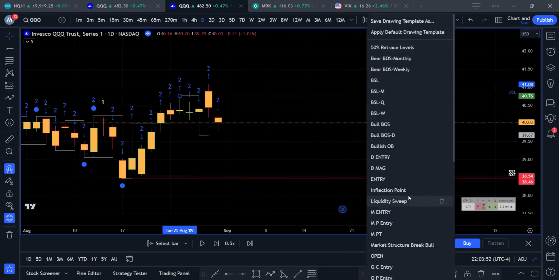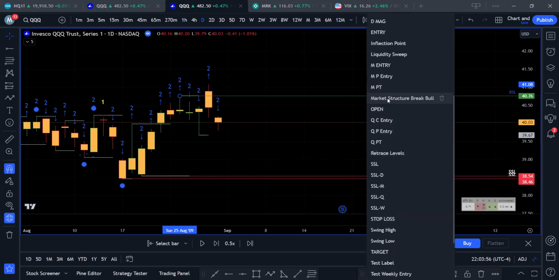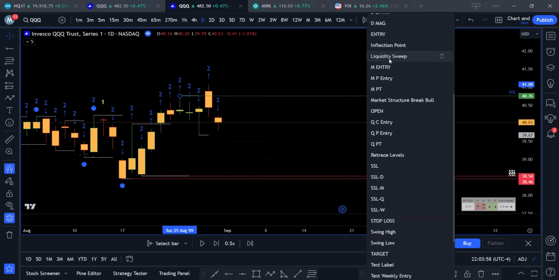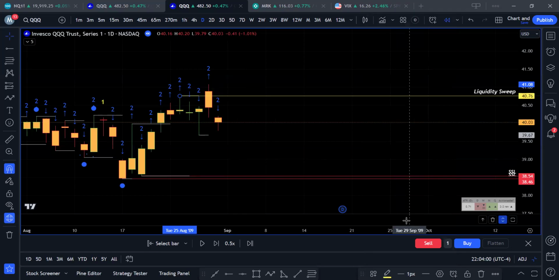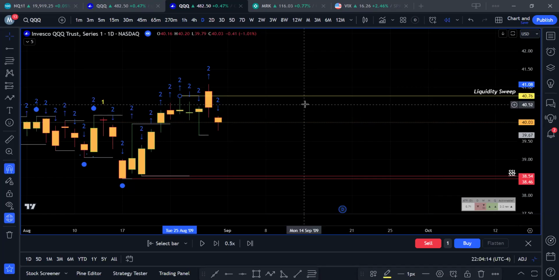I actually change it for me personally. You don't have to do this, but if I see a liquidity sweep, I have a template for exactly that. It tells me liquidity sweep. It's part of a setup I've been perfecting, the inversion fair value gap setup. So far, so good.